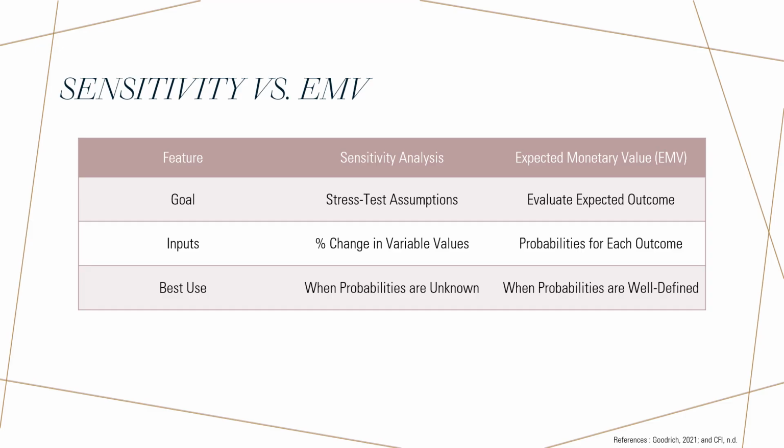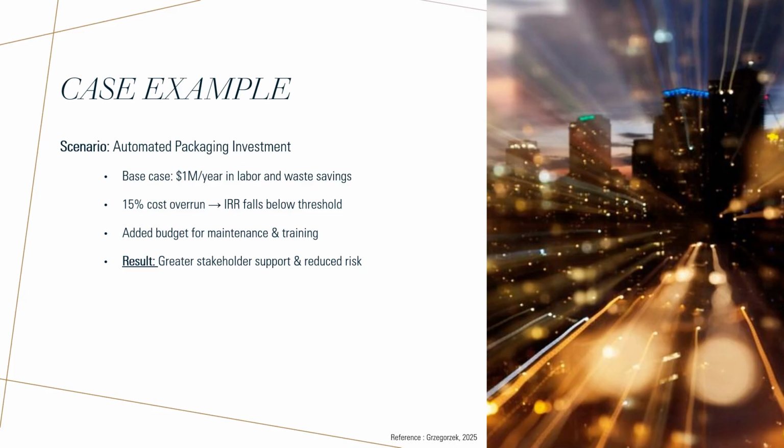So from this, we're going to go ahead and look at a real world example. We're going to imagine that we're evaluating an investment in automated packaging equipment. Our base case projects about $1 million in annual savings from labor efficiency and waste reduction.